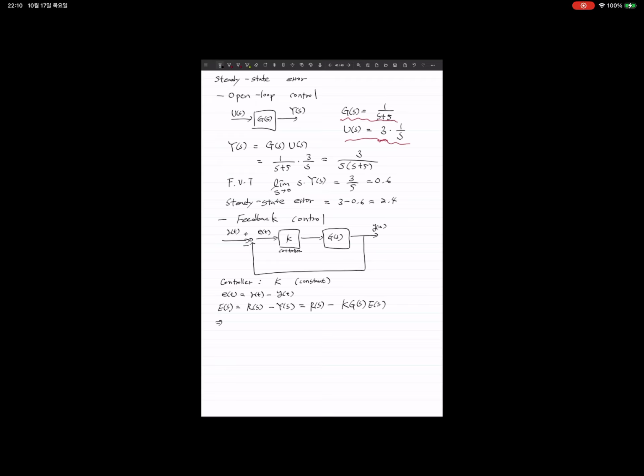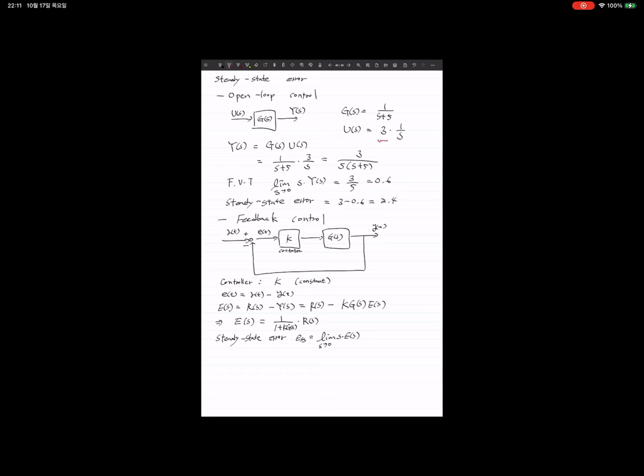So from here, E of s can be defined as 1 over 1 plus K G of s times R of s. So steady state error, we use e_ss to denote the steady state error, is equal to limit s goes to 0 of s times E of s. Okay, so again we can use the final value theorem to directly compute the steady state error.